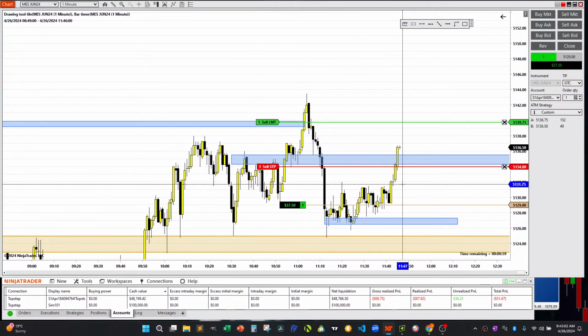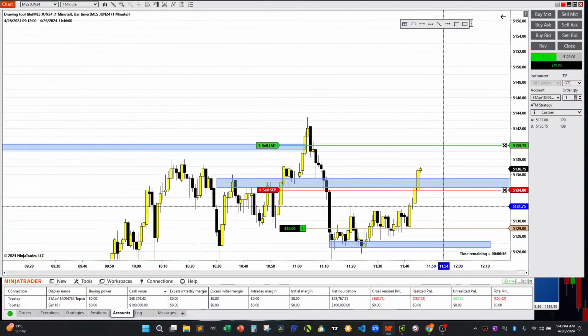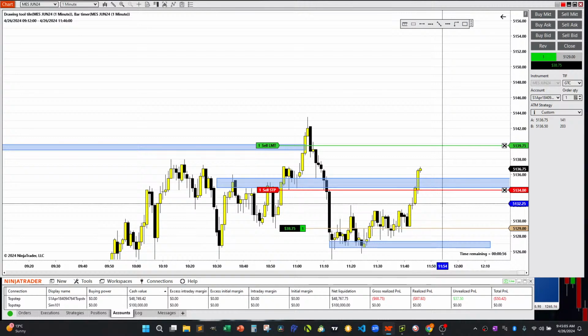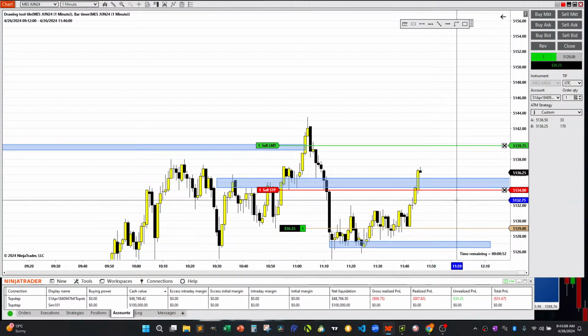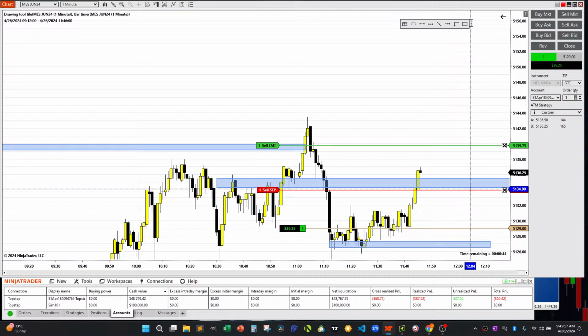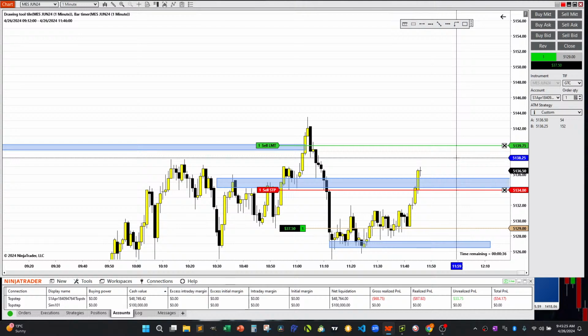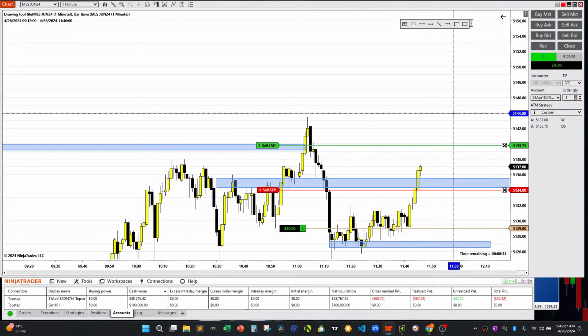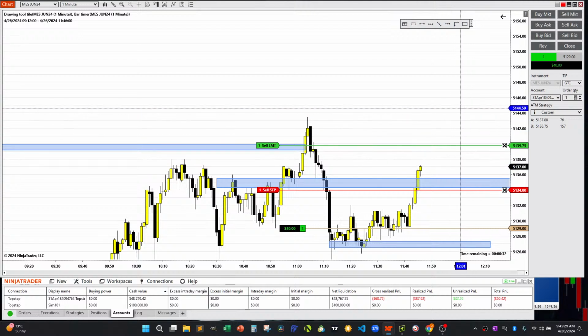And I'll protect that minimum target. So we have at least a standard expectation of what we're looking for, about $25. We'll see if it'll continue.